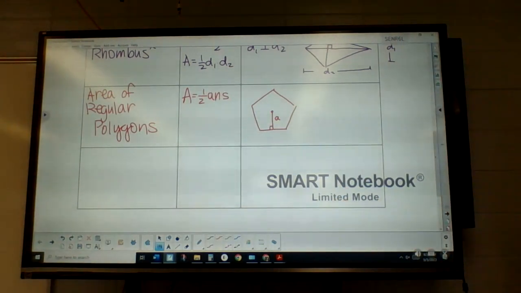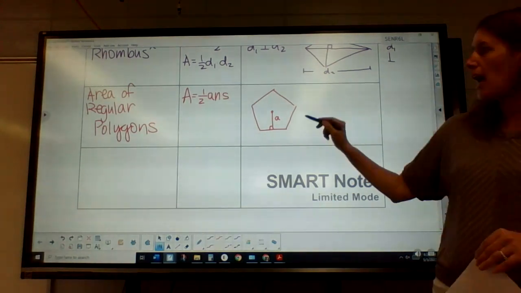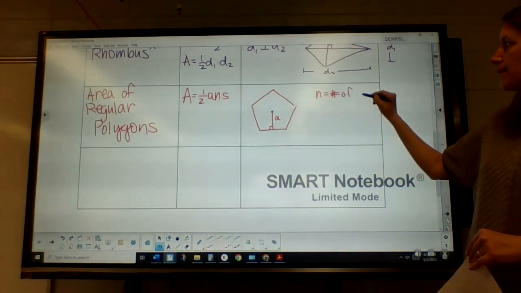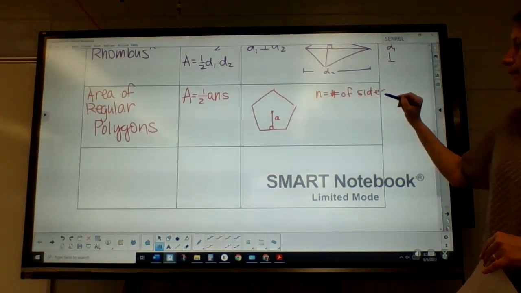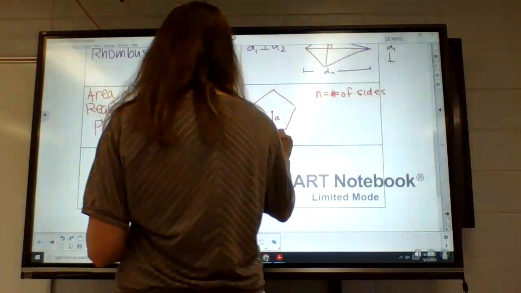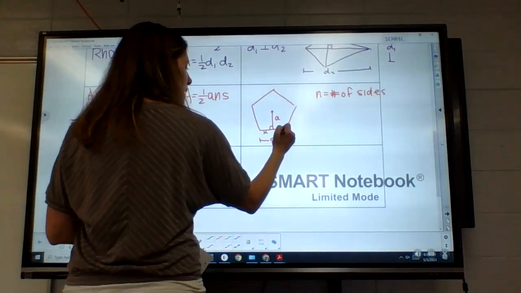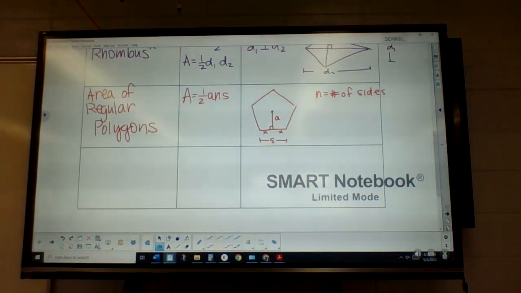So, little a, remember, is the distance from the center to the edge. N is the number of sides. And then S is the side length. But remember, if we find one of those little pieces, we call it X, and we have to double it to find S. So if I find only half of that little side length, I have to double it.